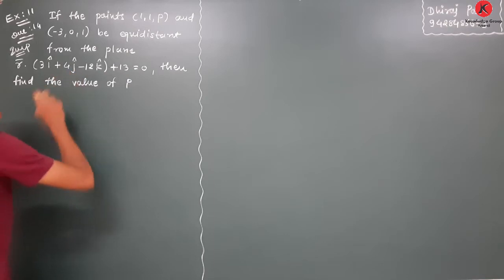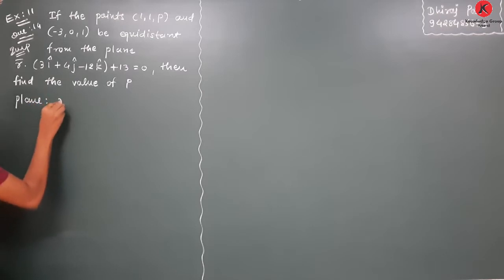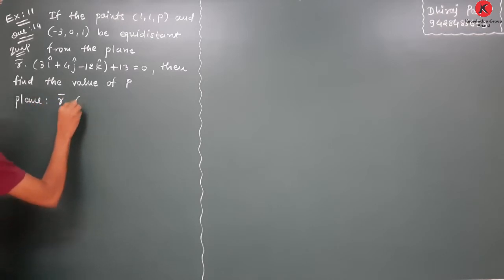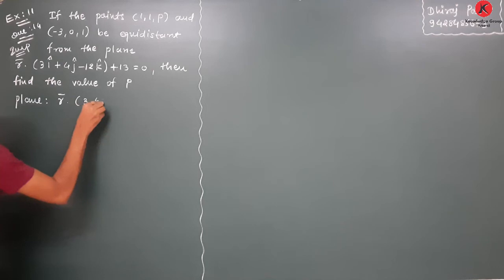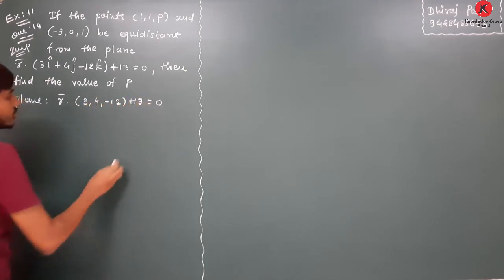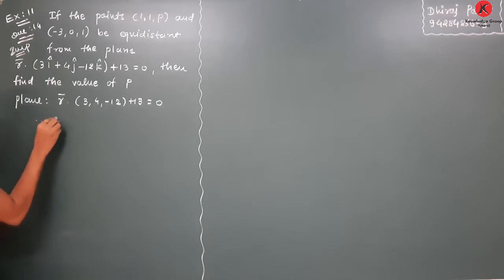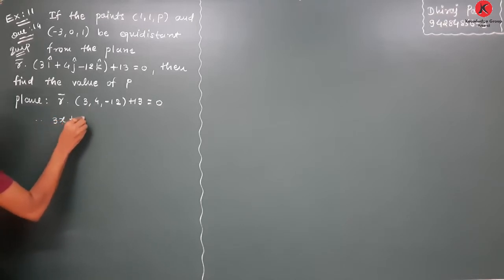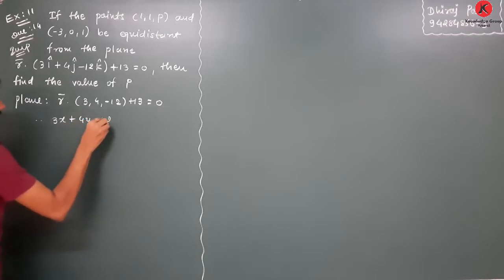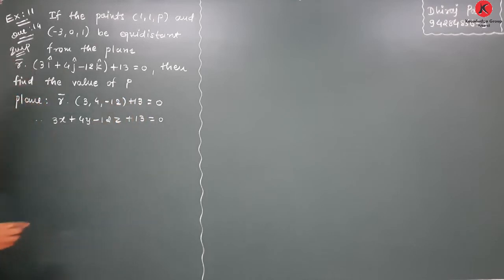Now see, first of all convert this equation of plane into Cartesian form. R bar dot 3, 4, minus 12, plus 13 equals to 0. This equation of plane can be written as 3x plus 4y minus 12z plus 13 equals to 0.